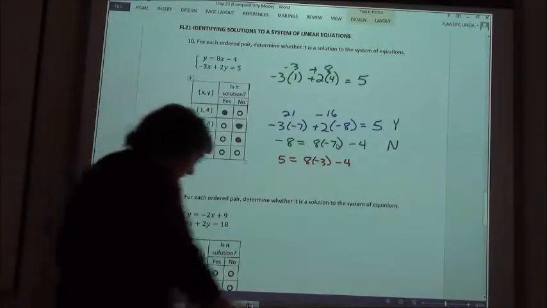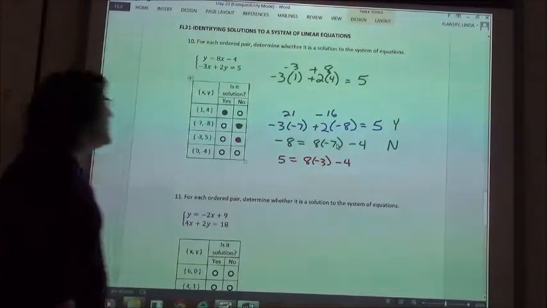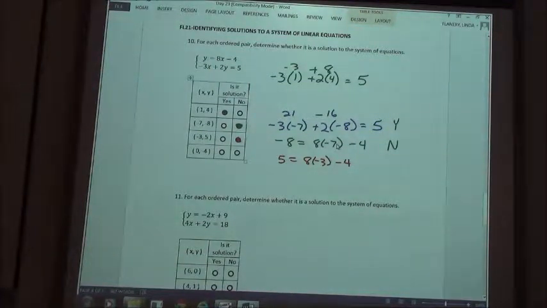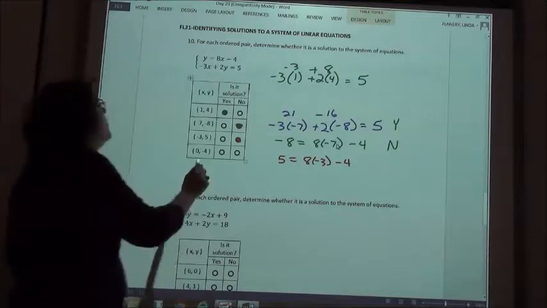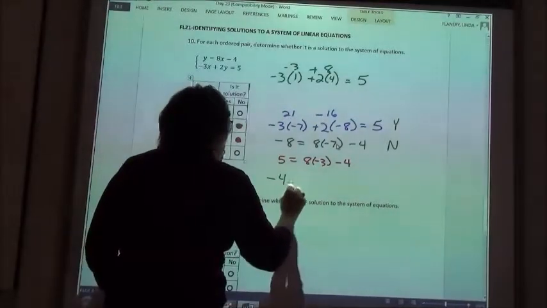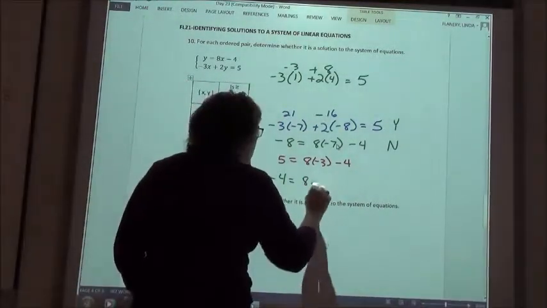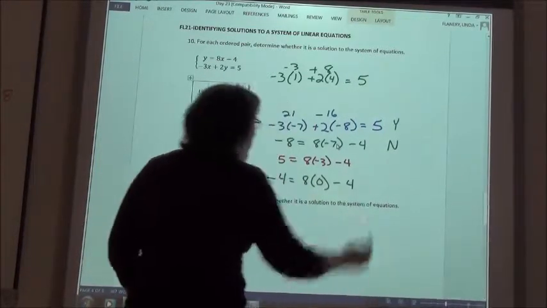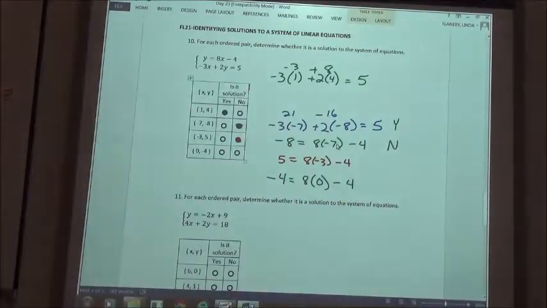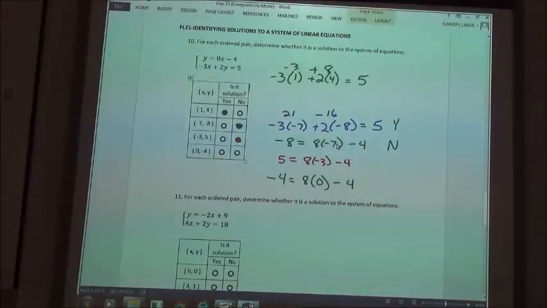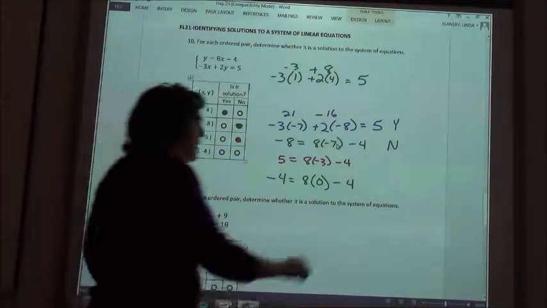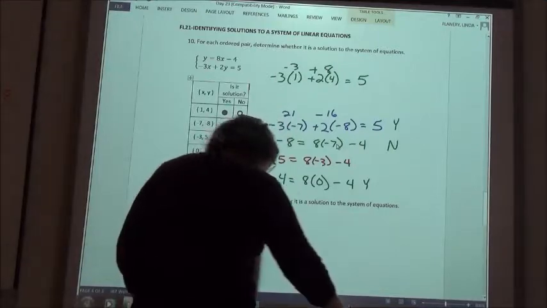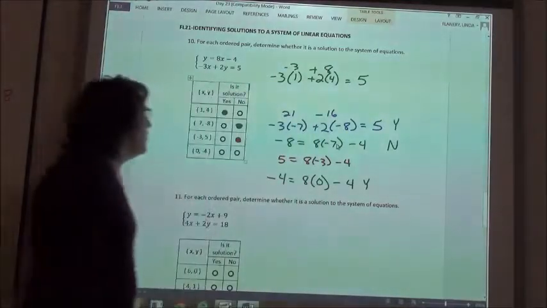And then we're going to check the last point. Do you want to check that in the first or the second line? The first line, okay? So my y value is negative 4. Does that equal 8 times my x value, which is 0, minus 4? Oh, so it worked in that one. Since it worked in that one, we now have to check the second one also.